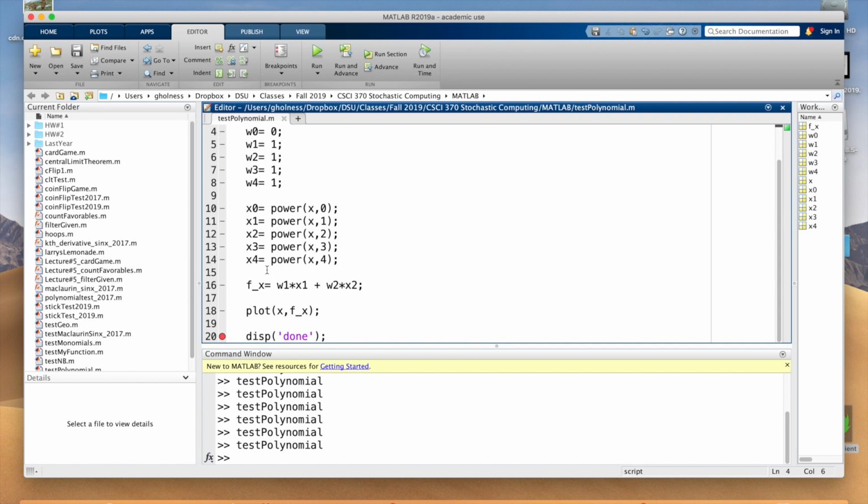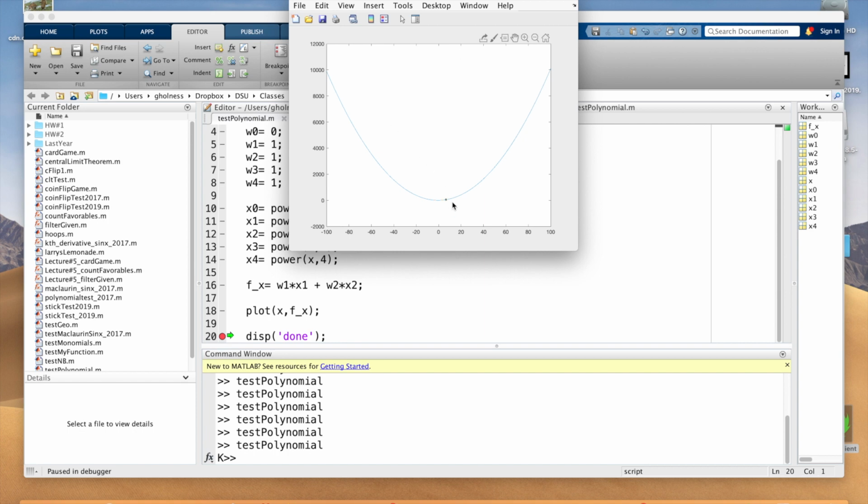So here we just have w2 x2, which is just our plain vanilla parabola. And you'll notice there's my parabola. And just to show you that it touches 0, here, when the x-axis is 0, its y value is 0, right? So it passes through the origin at 0, 0, right?